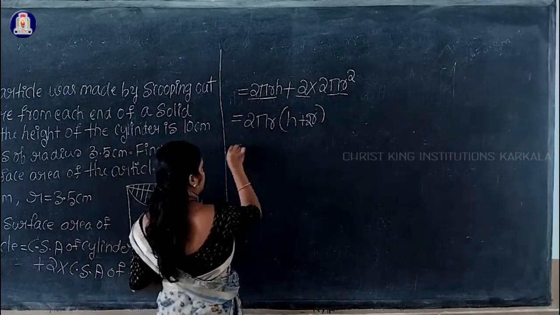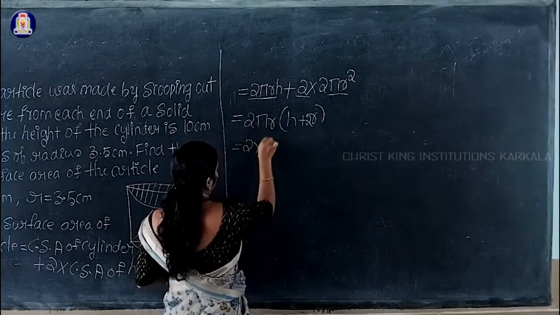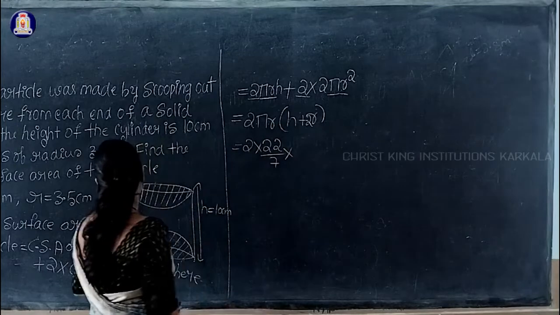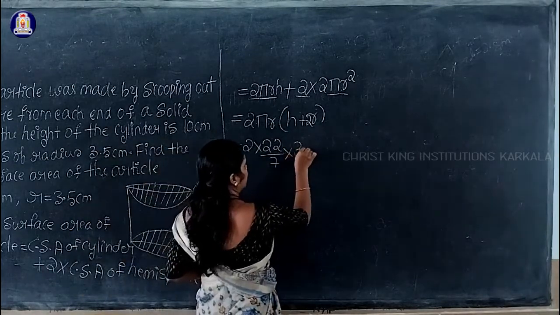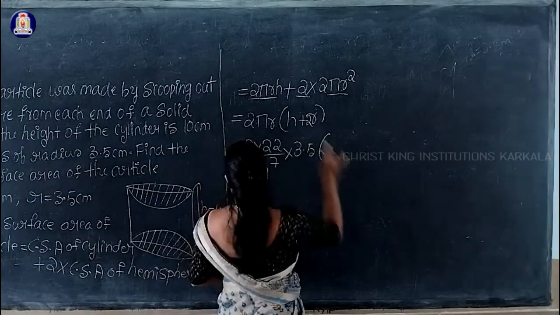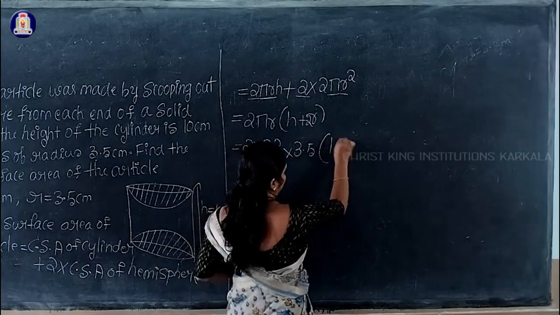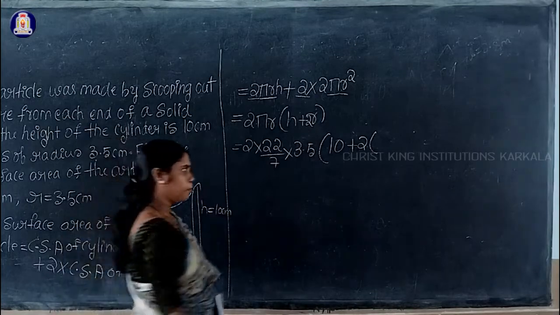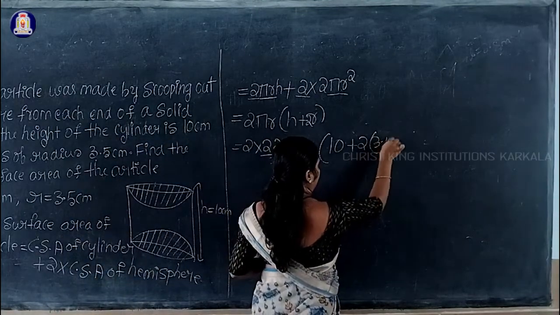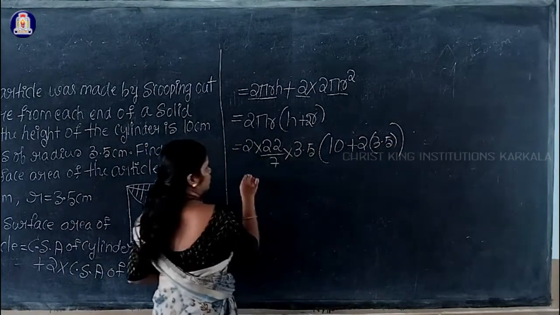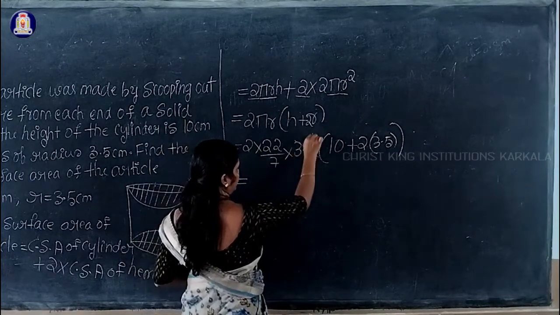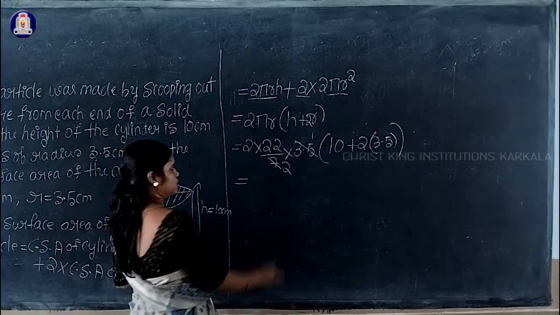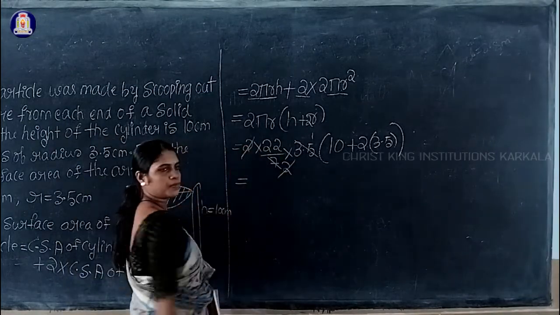So this is equal to 2 into pi value 22 by 7, r value 3.5, into h, which is 10, plus 2 into r value, 3.5. 3.5 is 7 by 2, so 2 and 2 cancelled.